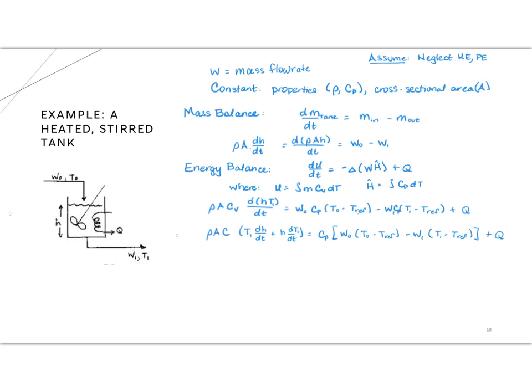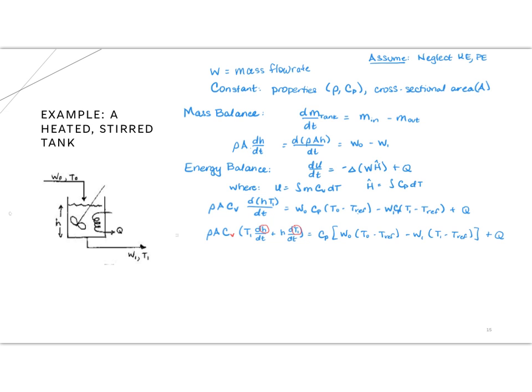Now, what about analyzing this in terms of my variables? I have two variables that are changing, and then I have other variables. Well, some of them are constant. So rho A Cv, which is approximately Cp, we can deal with that later.